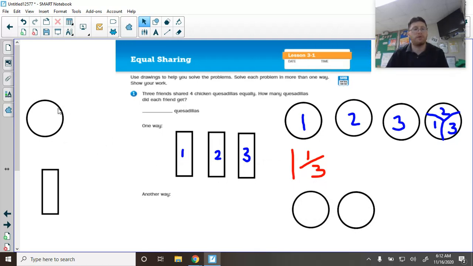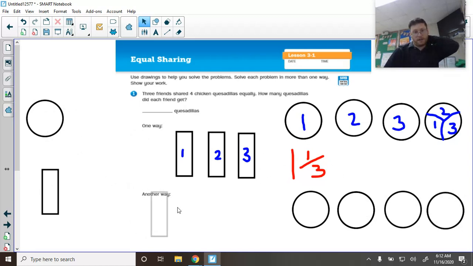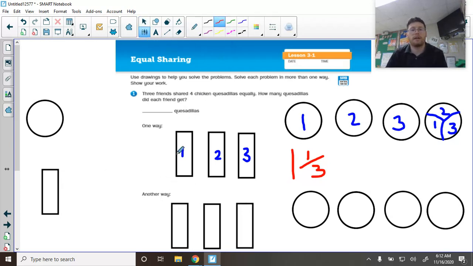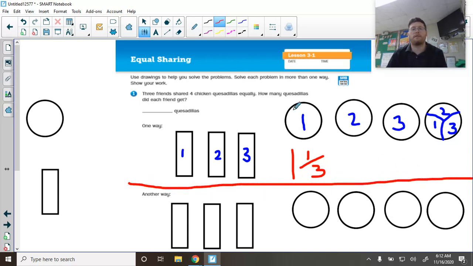1, 2, 3, and 4. Get my friends out here. 1, 2, 3. All right, let me draw a line right here so we know that this problem is different.